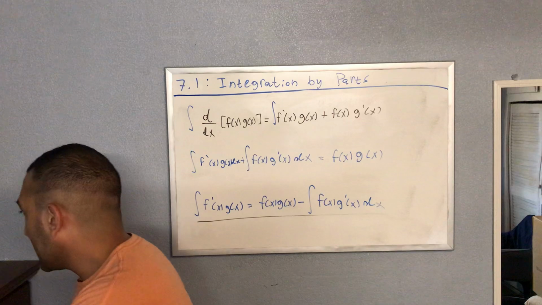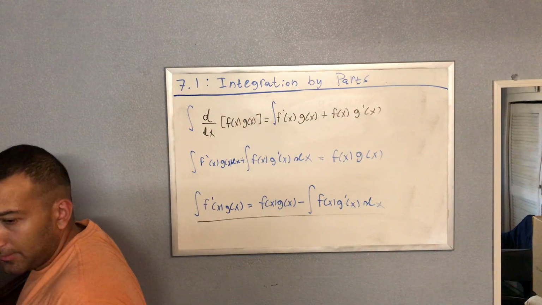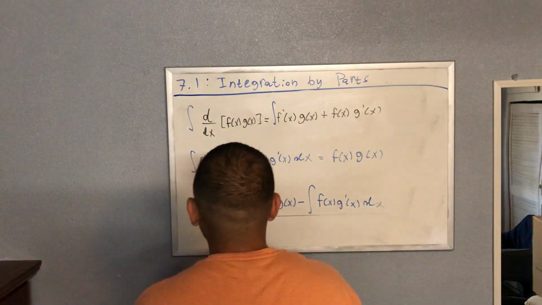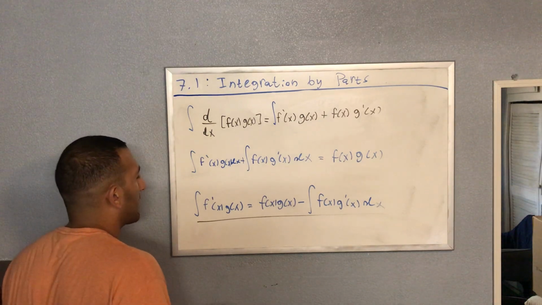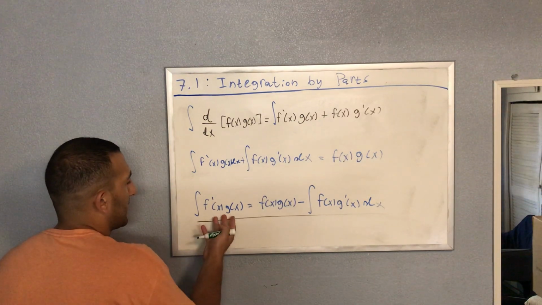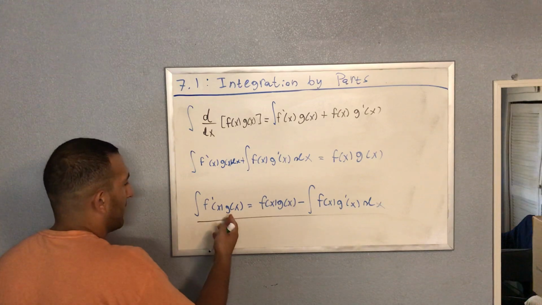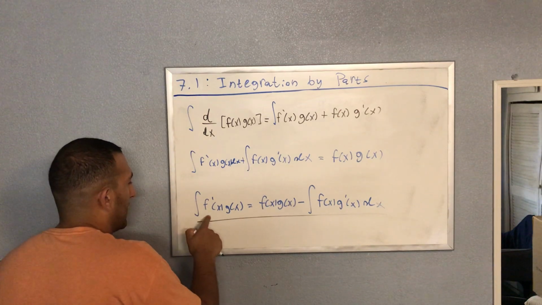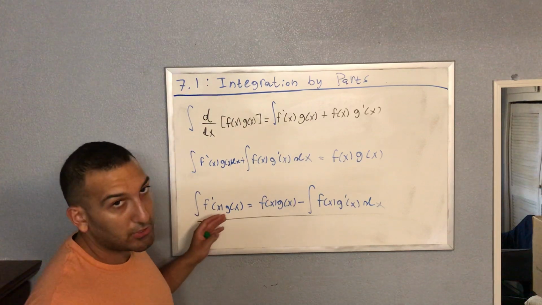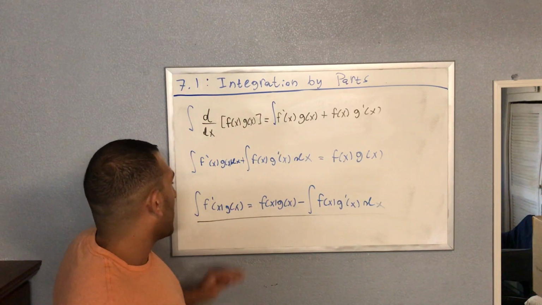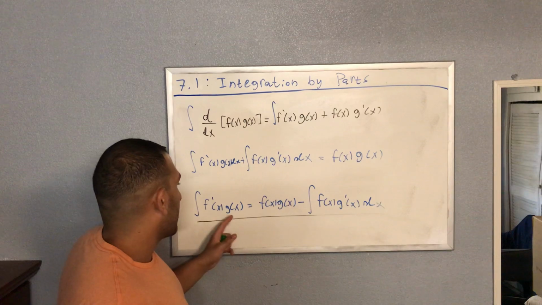So when you're first given an integral, you want to think about it in this form. It's some integral, and you say that one function is the derivative of a certain function that I know, and the other one is just the bare one.